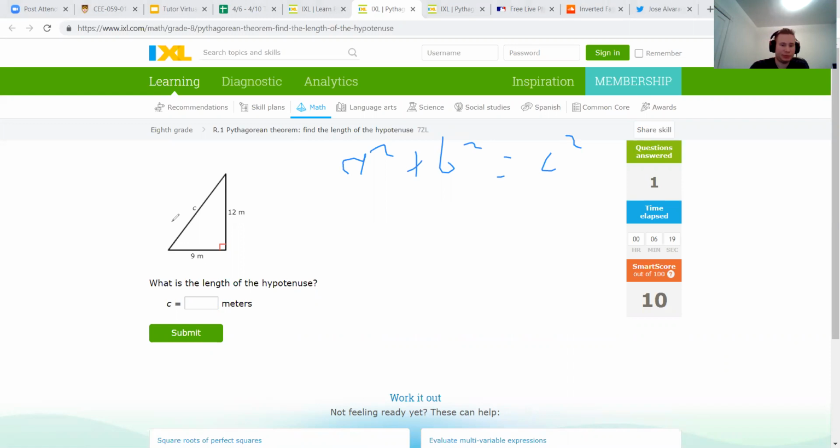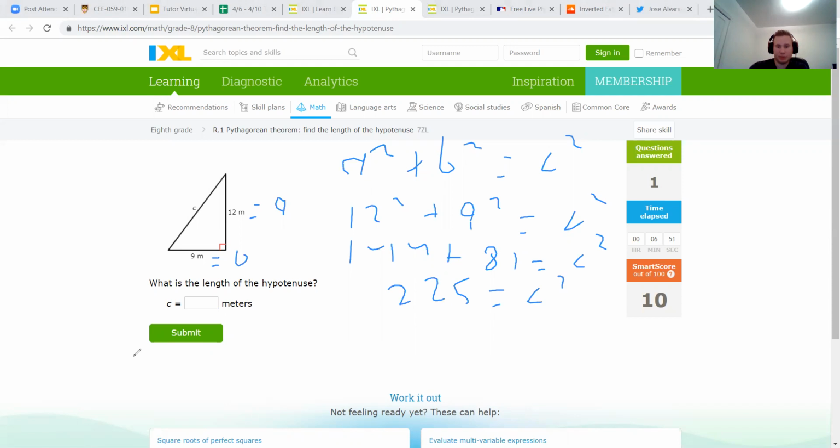We're missing the hypotenuse again, so again we'll call this 12 meters A, 9 meters B. So 12 squared plus 9 squared equals c squared. 12 squared is 144 plus 9 squared is 81 equals c squared. Now 144 plus 81, when you figure that out, is 225 equals c squared.